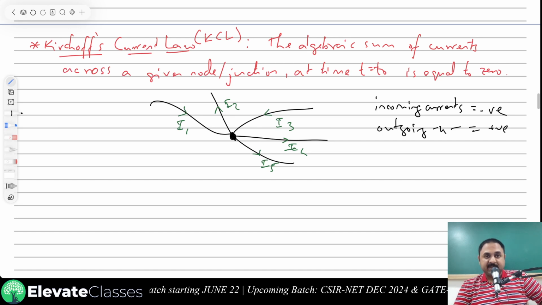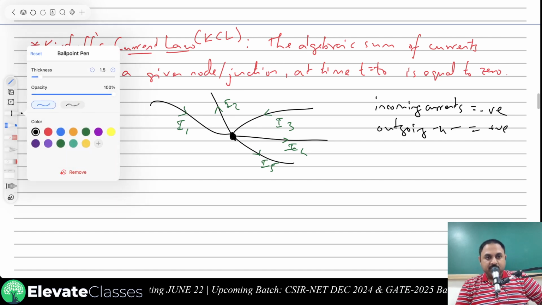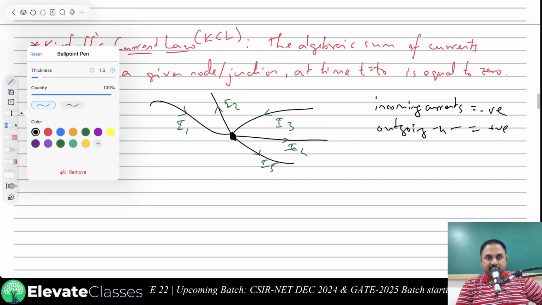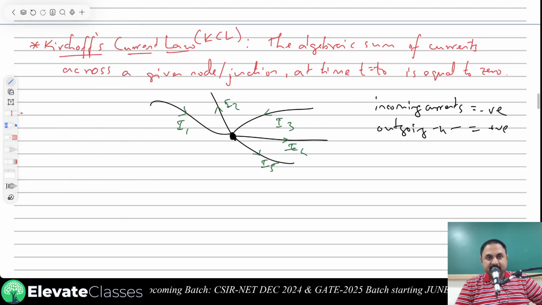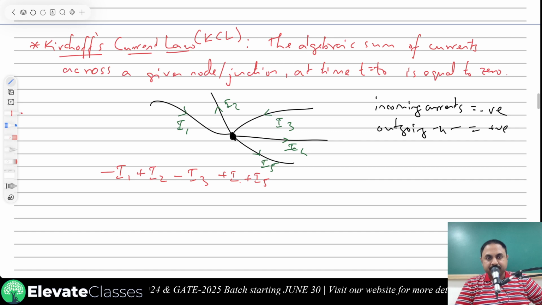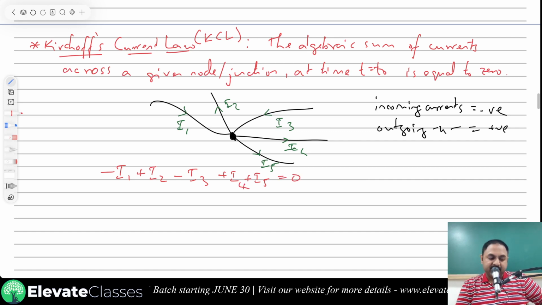So if you apply KCL here, what will you get? Using KCL, in this case, minus I1, that is an incoming current, plus I2 outgoing, minus I3 plus I4 plus I5 is equal to 0. That will be your KCL.